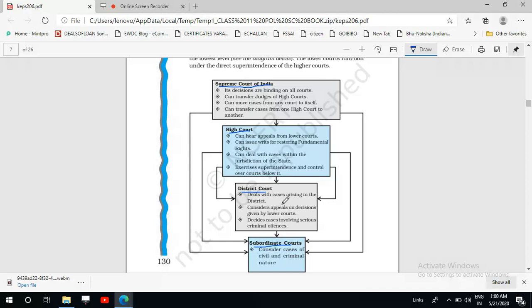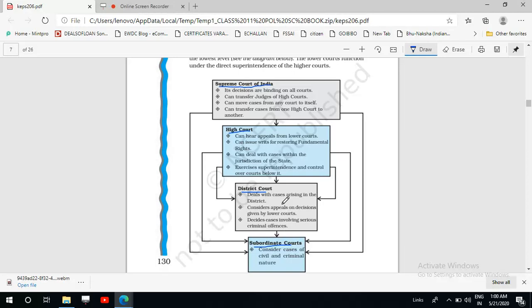These decisions can be appealed in the district courts, and it decides cases involving serious criminal offense. If any case consists of serious criminal offense, then it decides those cases.